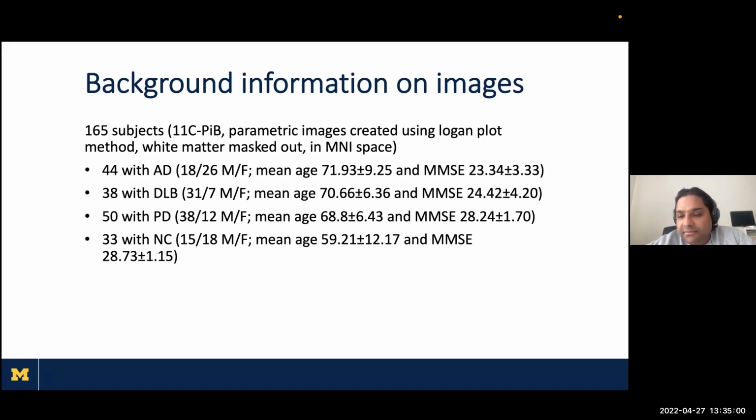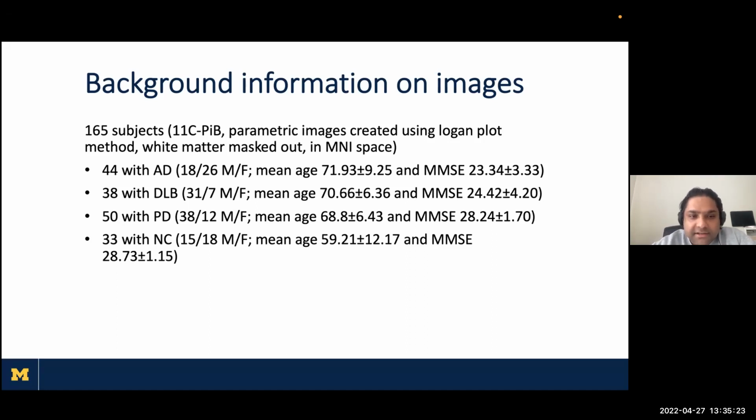So we are more interested in the amyloid binding patterns within the gray matter regions for different groups. We have 44 subjects with Alzheimer's disease, all of whom are amyloid positive. I'll come in the next slide to what amyloid positive and amyloid negative mean.